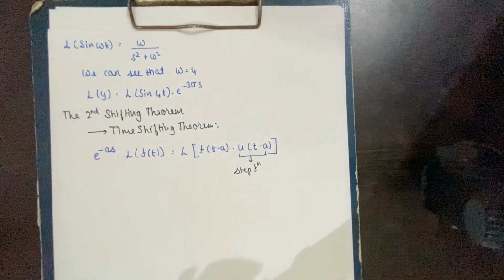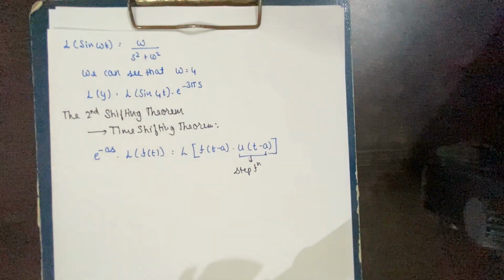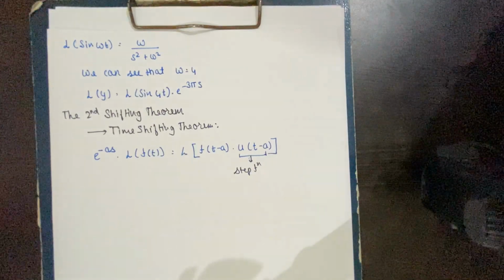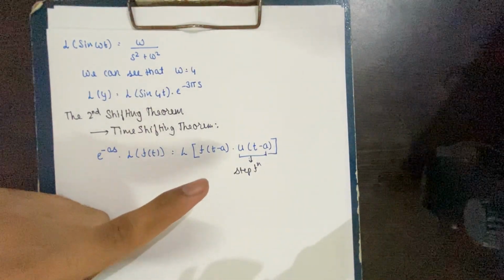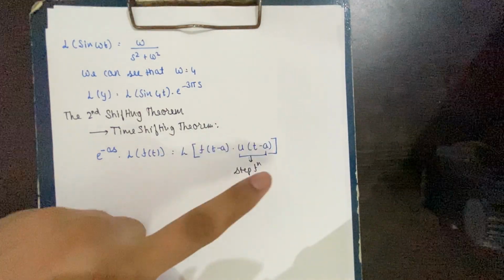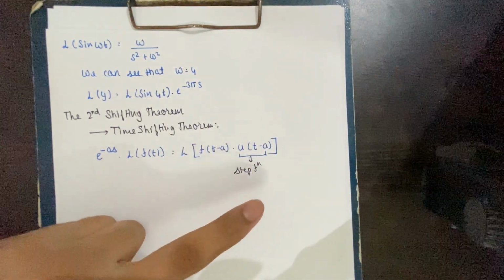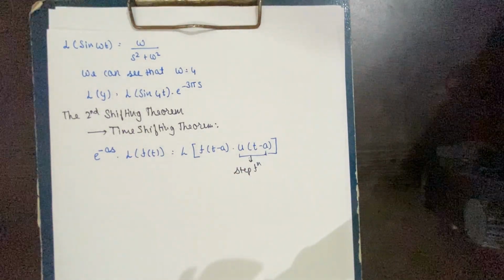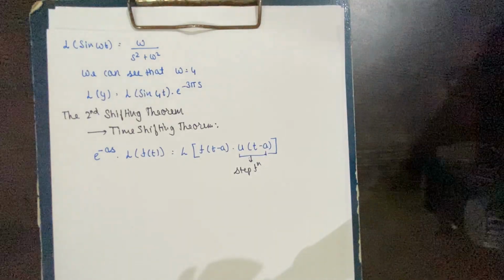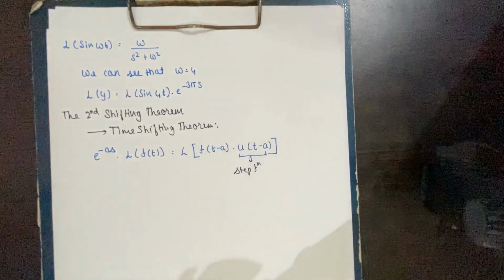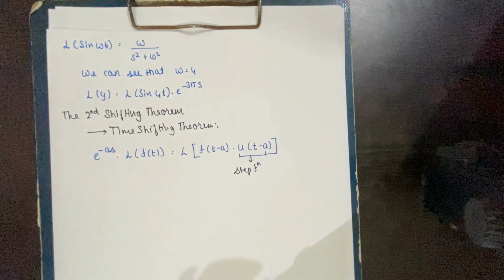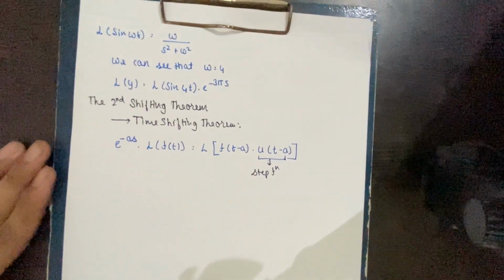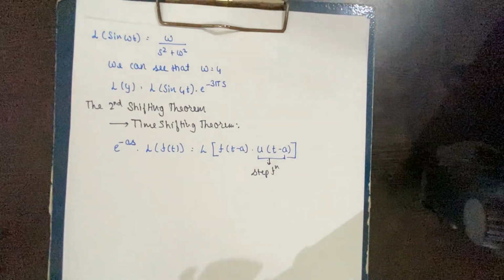Step functions have only two values, 0 or 1. If t is greater than a, the value of this function is 1. If t is less than a, the value is 0. And if t is equal to a, it doesn't have any value, it just leaves a hole in that area. But that's just a single point, so that should not concern us at all. What we mainly deal with is t less than a or t greater than a.